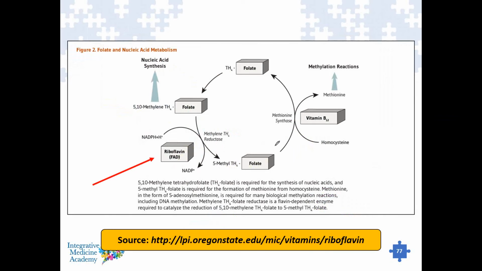And where does this play a role? Well, 5-methyl tetrahydrofolate is the form of folate that methylates cobalamin that's sitting within the methionine synthase enzyme for the conversion of homocysteine to methionine. So if we don't have enough riboflavin, we could also be compromising the methylation cycle.